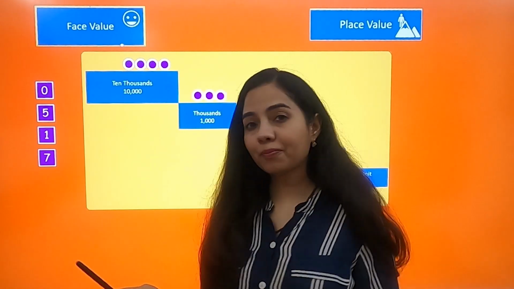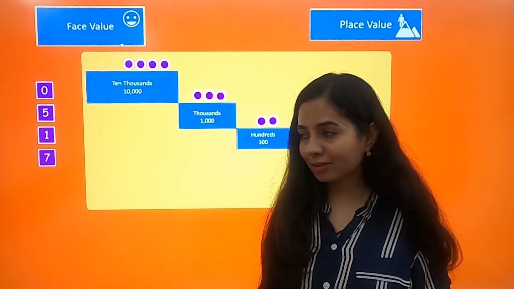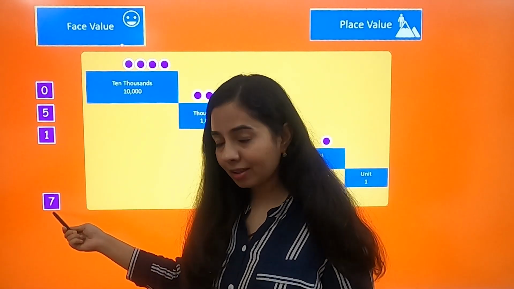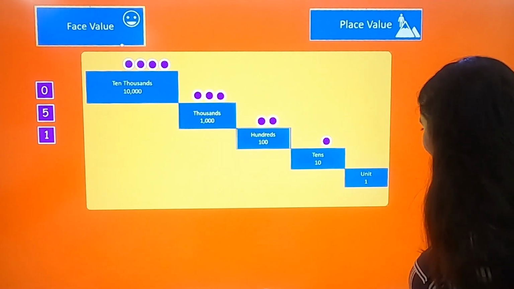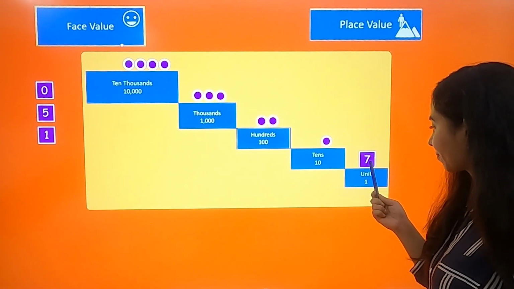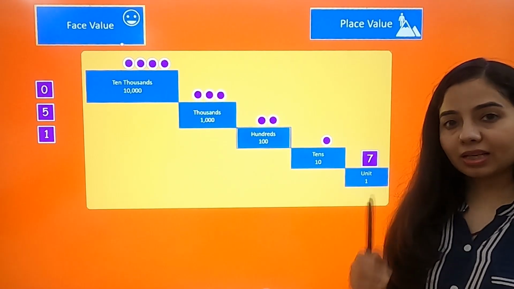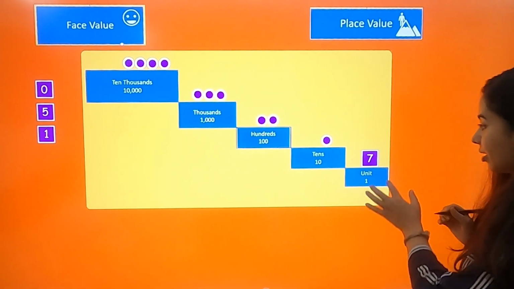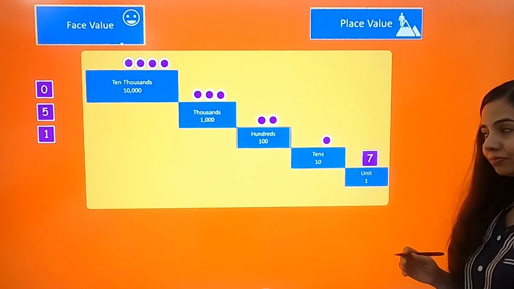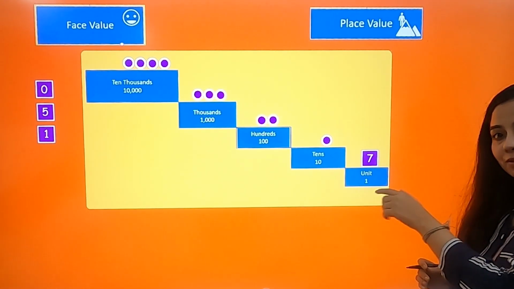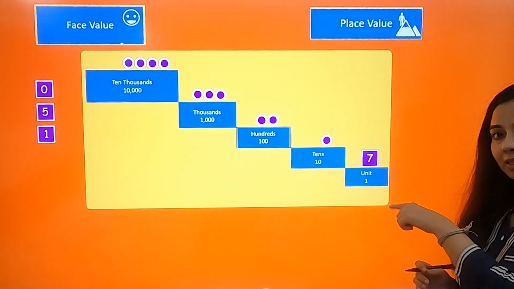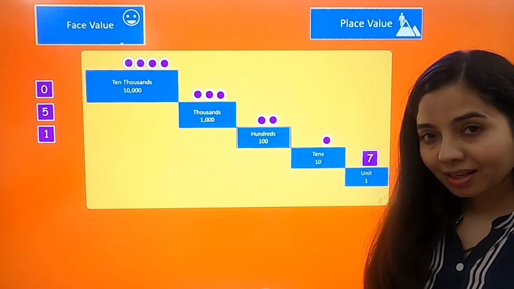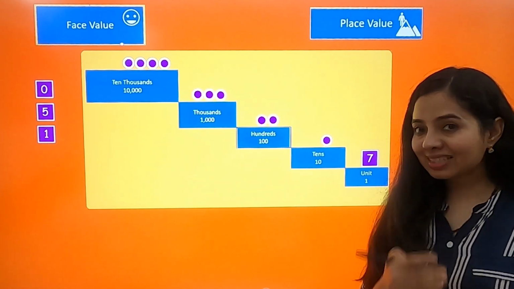So now let's experiment, or you can play with these numbers. 7 is 7 here. When I put it at units place, it has a face value and it has a place value now. 7 is its face value and its place value, since when it is at units place, it is getting multiplied by 1. So its place value is what? 7.